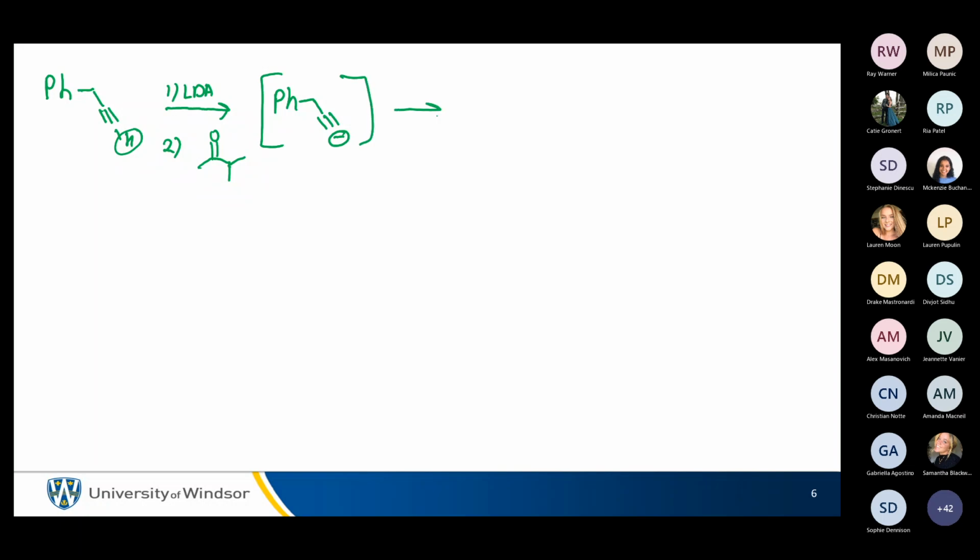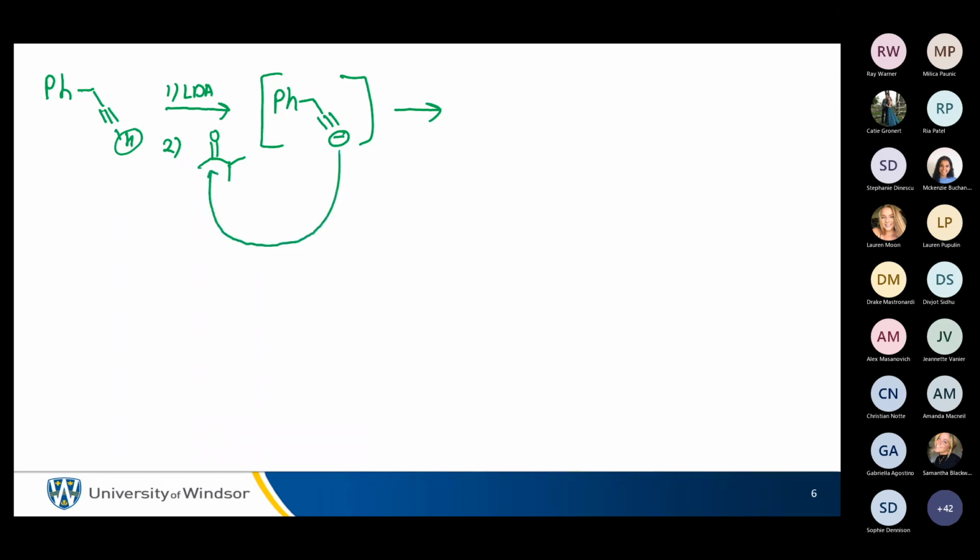So what's that going to do with a ketone? Perfect. Nucleophilic attack on a carbonyl. Now, these are really good, right? Because triple bonds are really small.